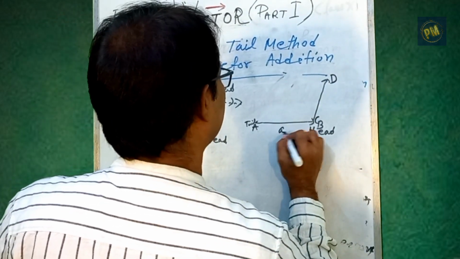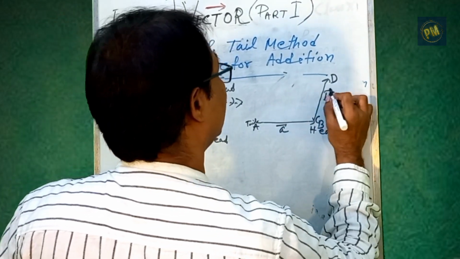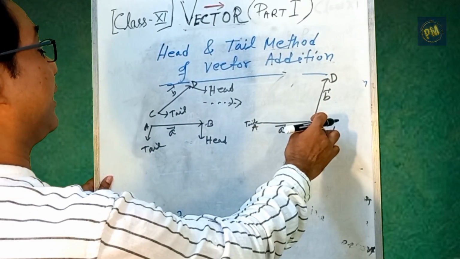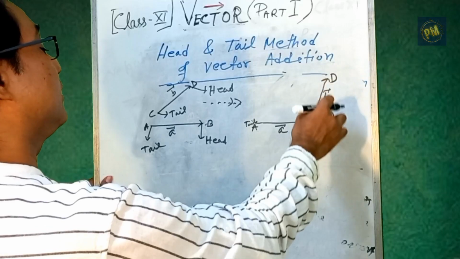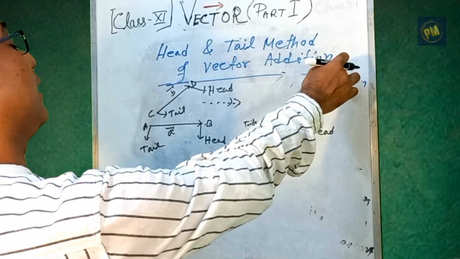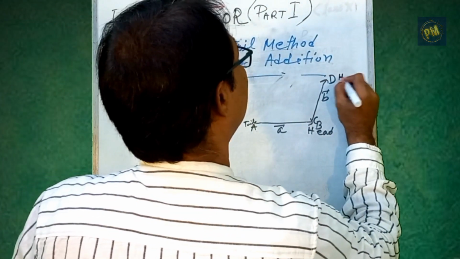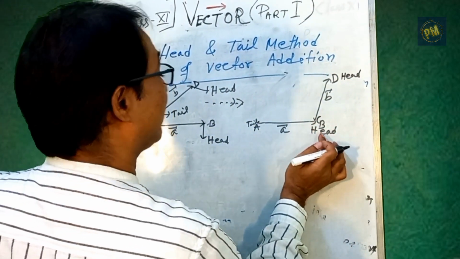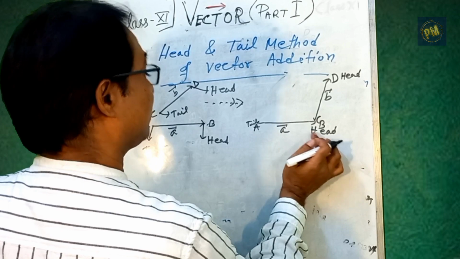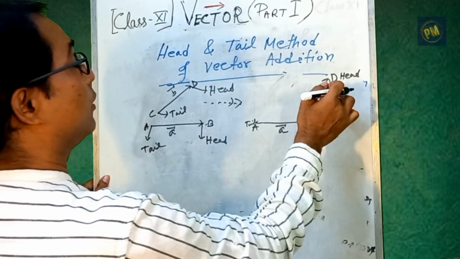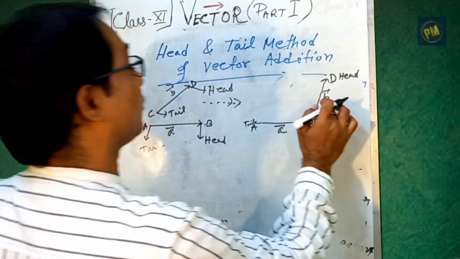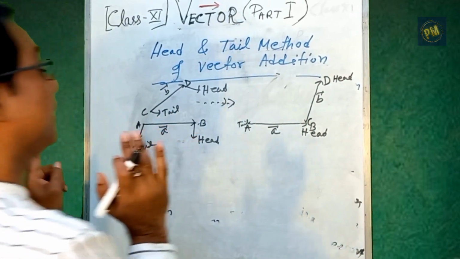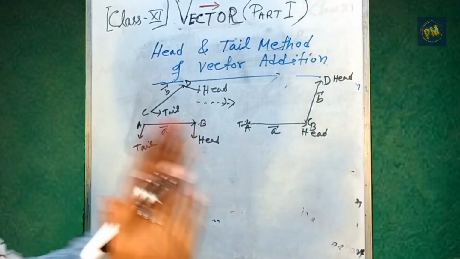That is the vector A. This is the vector B. This is the tail of the vector A and this is the head of the vector A. And this is the tail of the vector B and this is the head of the vector B. So now the head of the first vector A is joined to the tail of the second vector B. So what is the addition result of the two vectors? That is known as the resultant.